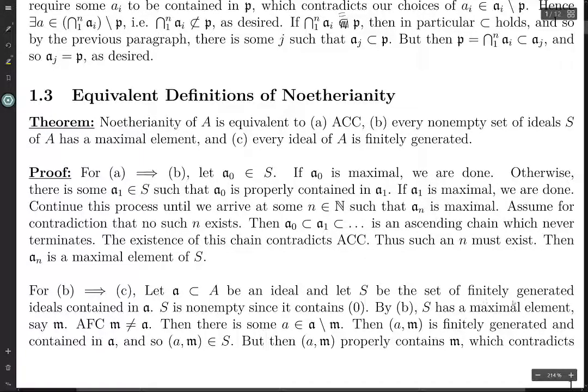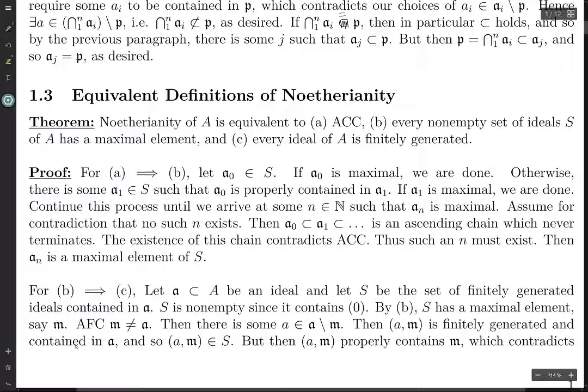So by B, S has a maximal element, let's call it M. Now assume for contradiction that M is not equal to A. Then there is some element a which is in A but not in M, and then the ideal generated by the ideal M and the element a, well, since M is finitely generated, since it's in S, adding in one more generator will still make it finitely generated.